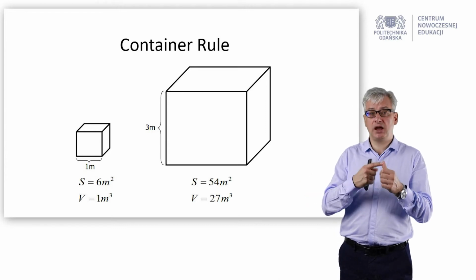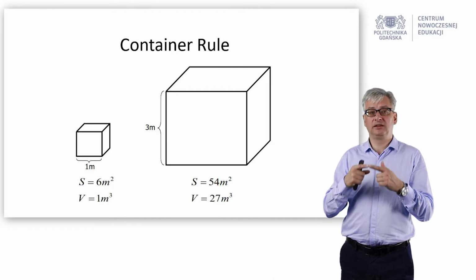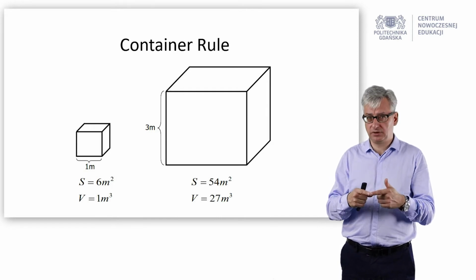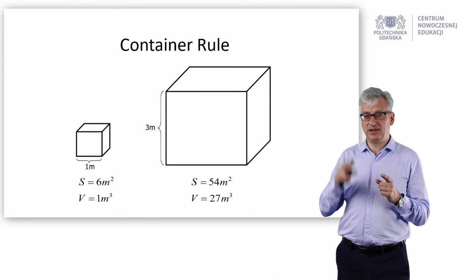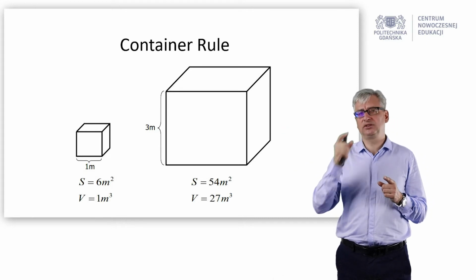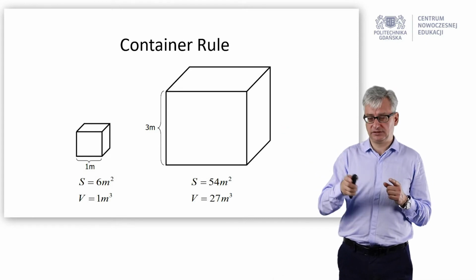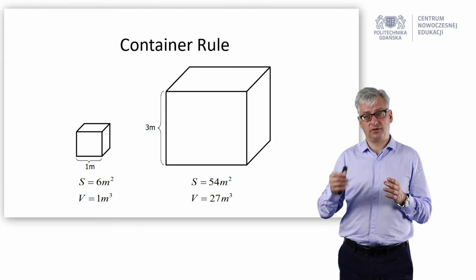So it is 9 times more expensive, but it is 27 times bigger. So as you can see, keeping your goods in this bigger container is actually 3 times cheaper. And this is yet another economy of scale.